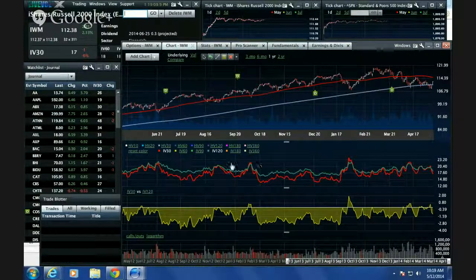So to me, I would be comfortable using this strategy if this trend were to continue. So if the IWM trend was to continue upwards, this would be an excellent strategy to do, because it's actually kind of pointing to an intermediate bottom, right?